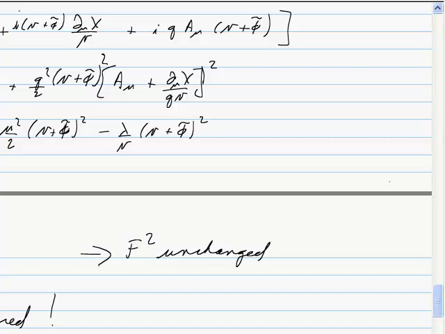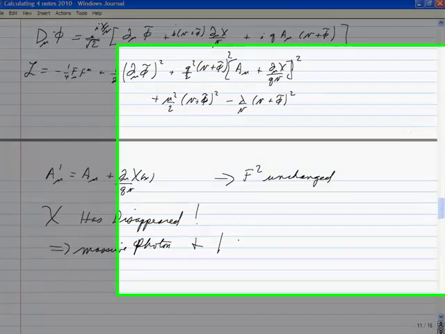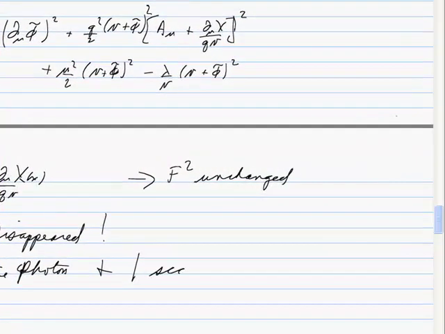So I end up with one less particle than I thought of. So I really only have the massive photon, and I have one scalar. Okay.